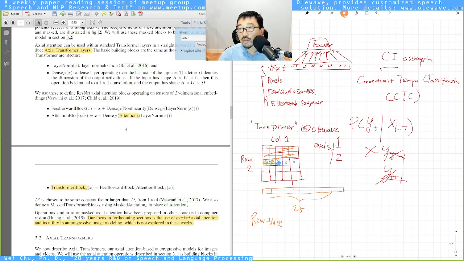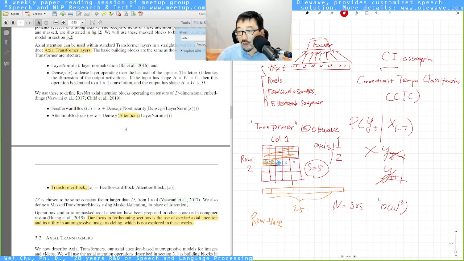So suppose your original transformer has n equals s by s. In this case, s equals 5, right? And the traditional transformer's computation cost is O(n) squared.